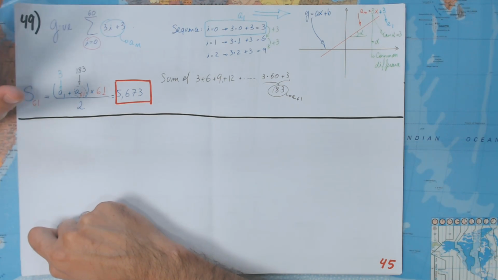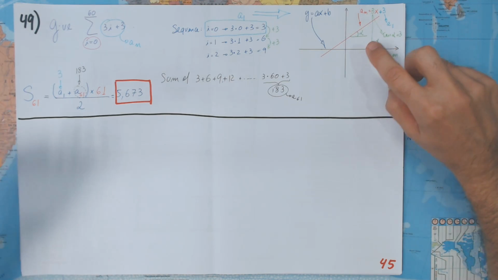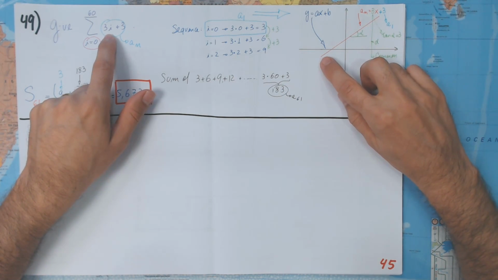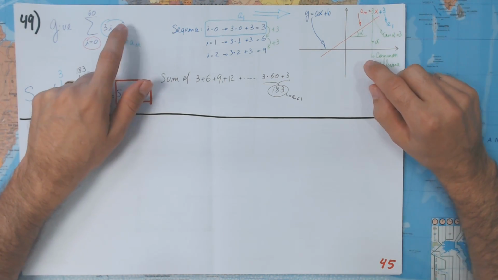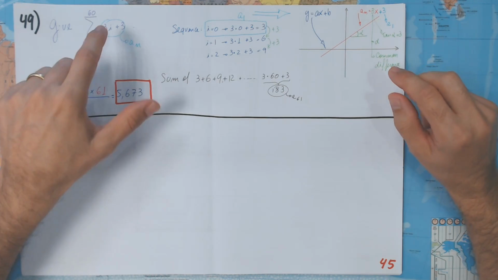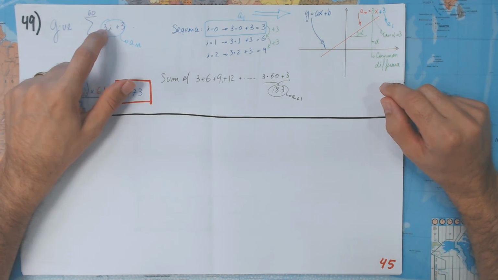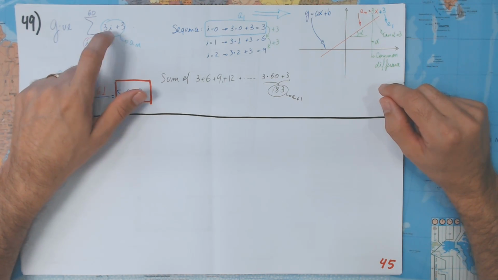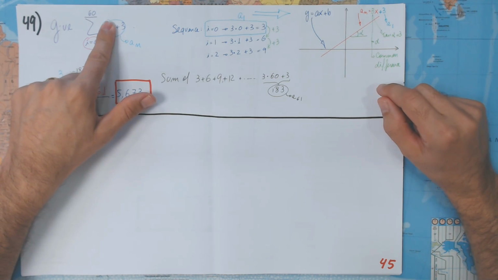Another important thing to notice is this. It reminds us of the equation of a line, a straight line, and when you acknowledge, oh, this is a line, at the same time you can remember this is the rate of growth, so this is going to be our common difference, and this is going to be a1, because the first term is 0 in here, so we just leave 3.